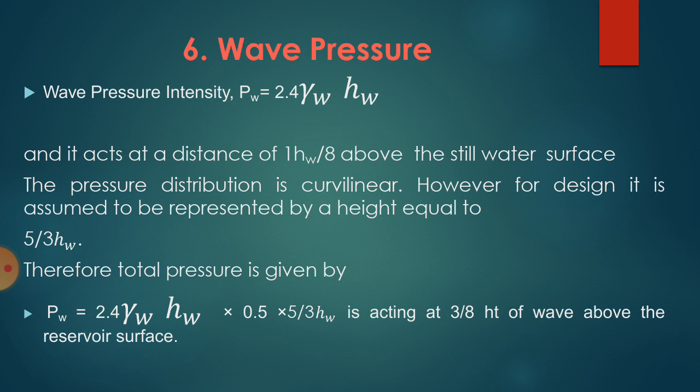Therefore the total pressure is given by the formula Pw = 2.4 γw hw × 1/2 × 5/3 hw, that is acting at 3/8 hw height above the reservoir surface.